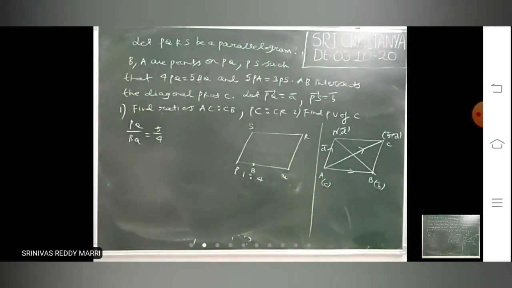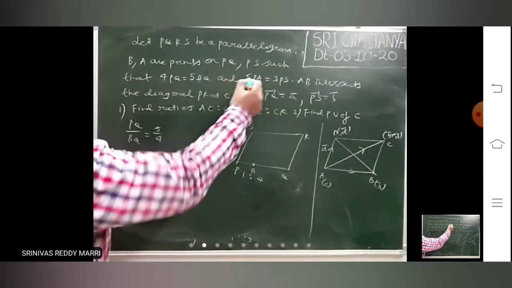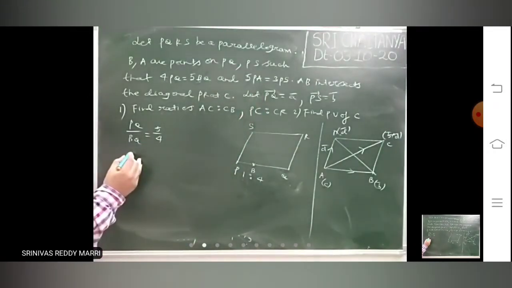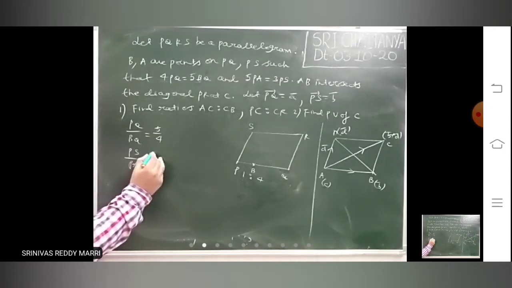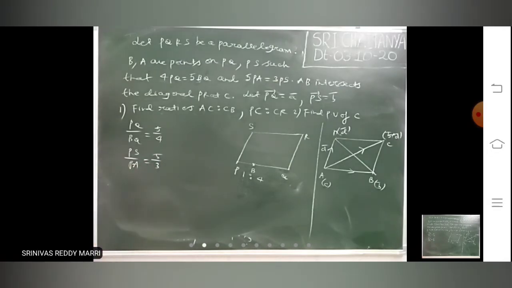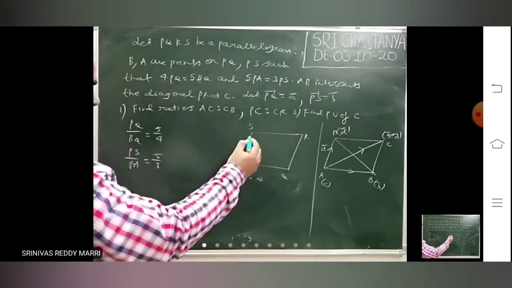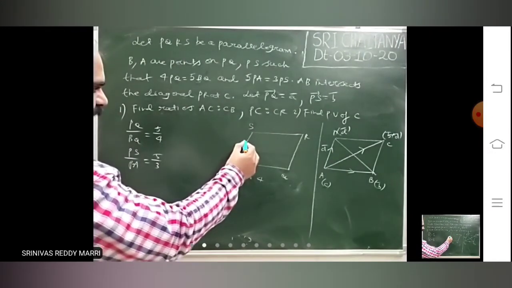So now, A is a point on PS. How is it? PS by PA is nothing but 5 by 3. So PS is 5 parts, this is 3 parts. That means it will be like this.